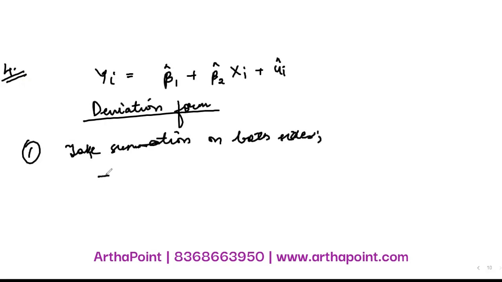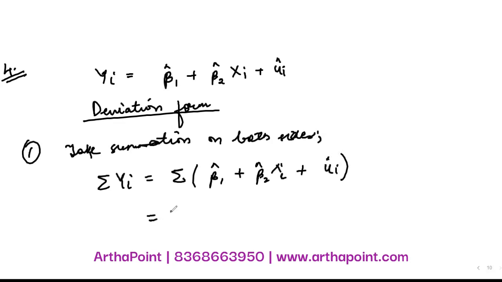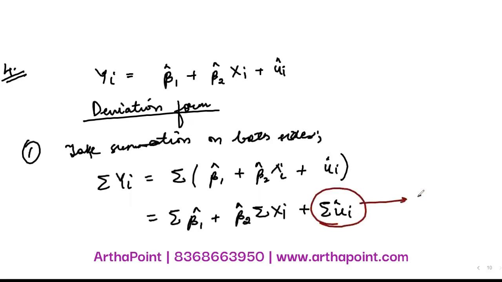If I take sum on both sides, I will get sum of yi is equal to sum of beta 1 hat plus beta 2 hat xi plus ui hat. This would be summation beta 1 hat plus beta 2 hat summation xi plus summation ui hat. I know that this part right here is 0, right?